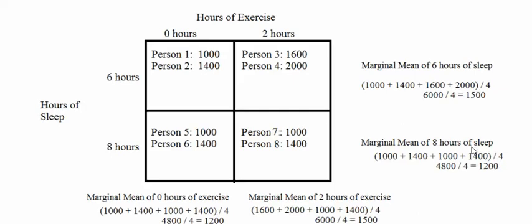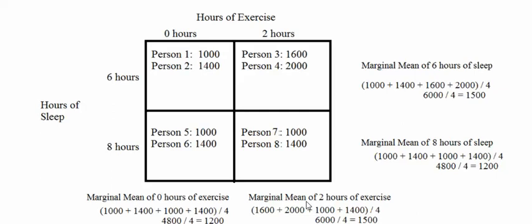So overall, you have marginal means for column 1 and column 2, and you also have marginal means for row 1 and row 2. In this experiment right here, if you compared the column marginal means, what you would be doing is just comparing 0 hours of exercise with 2 hours of exercise.